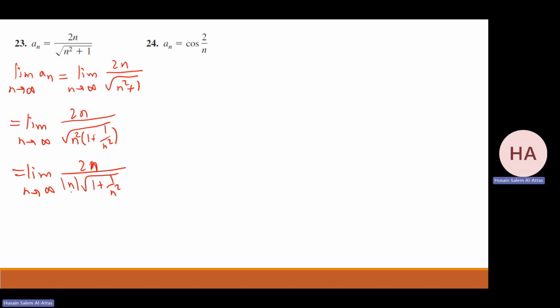For the root, this is the absolute value of n, which equals n, so this cancels. So I have 2 over root of 1 plus 0, so I have 2. So the limit is equal to 2.